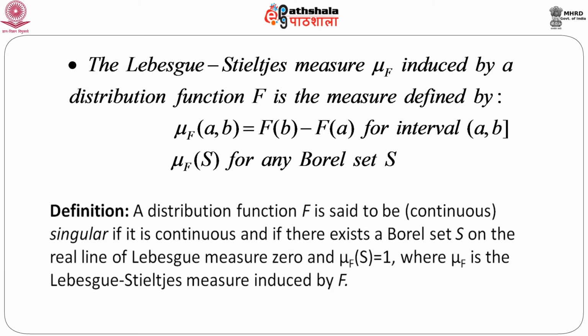This is the definition: a distribution function F is said to be singular, or rather continuous singular, if it is continuous and if there exists a Borel set S on the real line of Lebesgue measure 0 and mu F of S equals 1, where mu F is the Lebesgue-Stieltjes measure induced by F. So, you can immediately see the importance of defining the Lebesgue-Stieltjes measure induced by a distribution function, in terms of which we are going to define a particular type of distribution function which is singular.